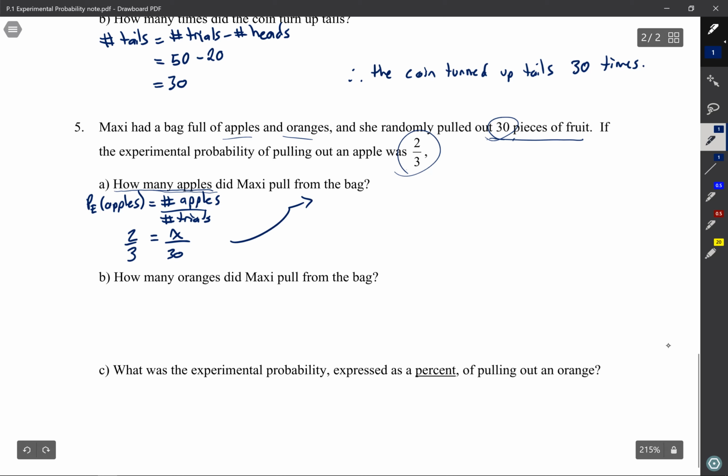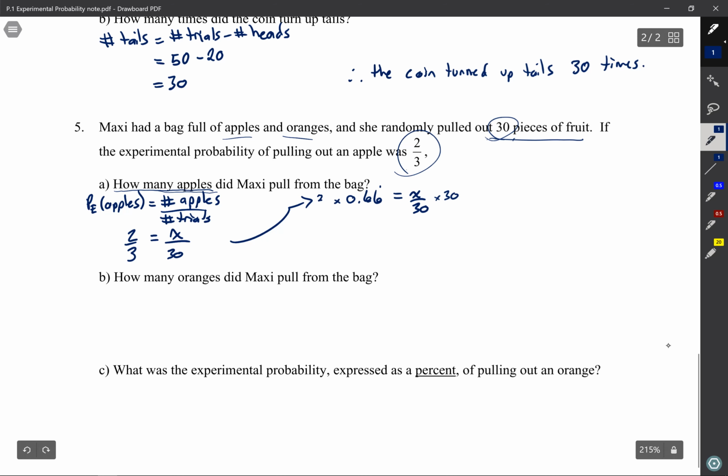I can put that into my calculator right away, 2 over 3. 2 divided by 3 is 0.66 repeated equals X over 30. And again, we're isolating for X because that's what we're trying to find. So right now it's being divided by 30, so I will need to multiply it by 30.